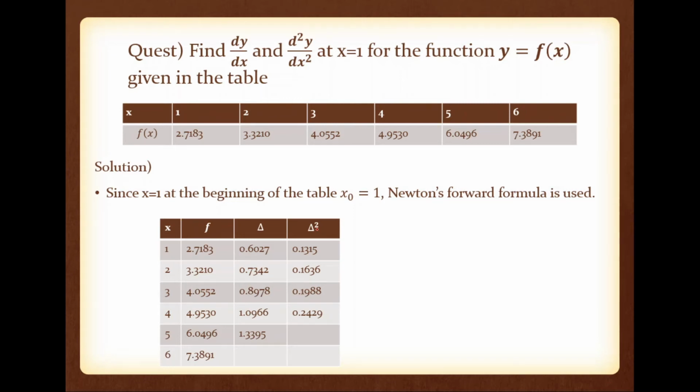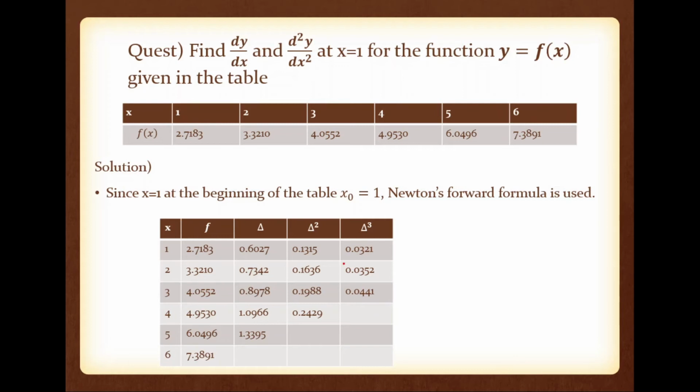Now using these, we have to find the third order finite forward difference, that is 0.0321, 0.0352 and 0.0441. These are the third order finite forward differences.